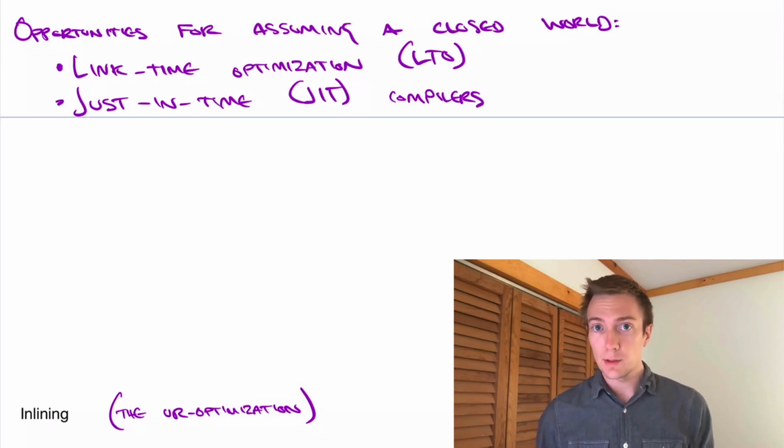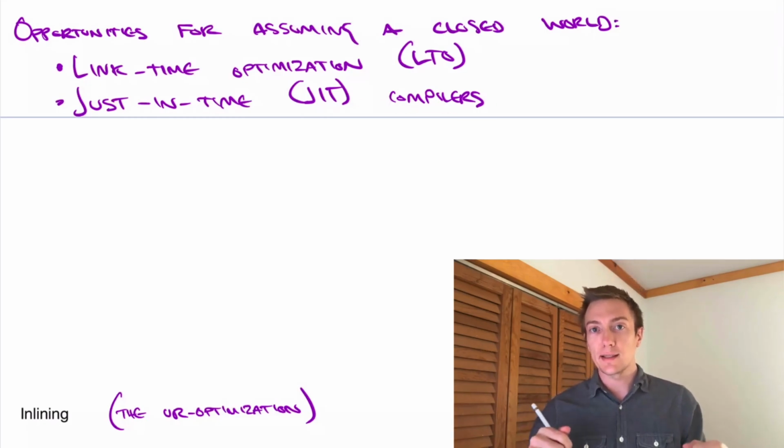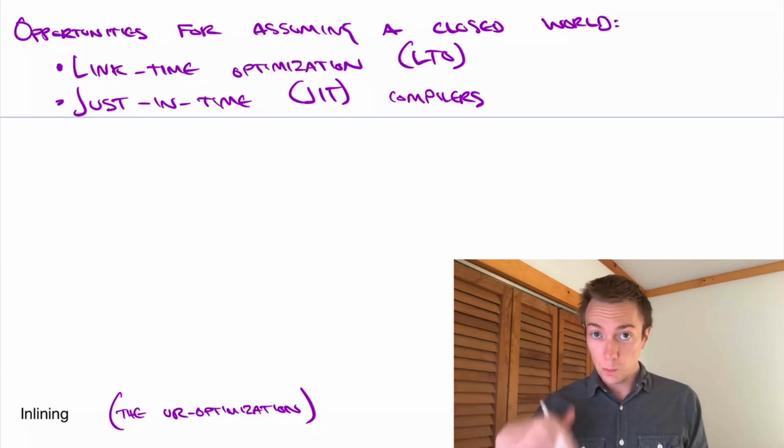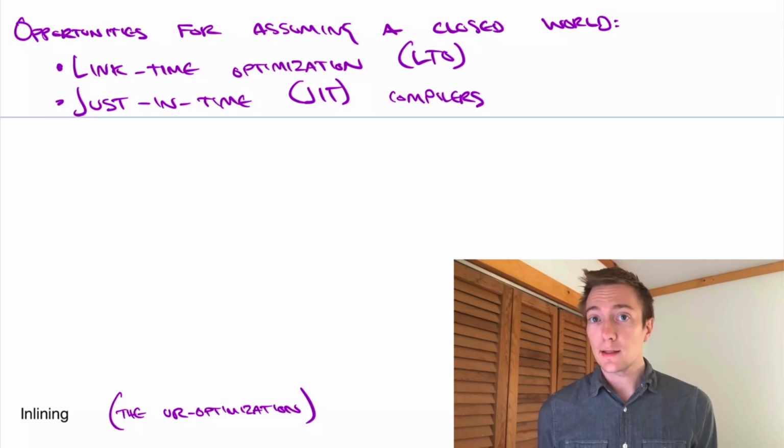A second opportunity where compilers sometimes make a closed world assumption is in just-in-time compilers. That is, when you're not compiling things ahead of time and then running the code later, but compiling the code right before it runs. The way that a whole program assumption or closed world assumption works in JIT compilers is temporarily.